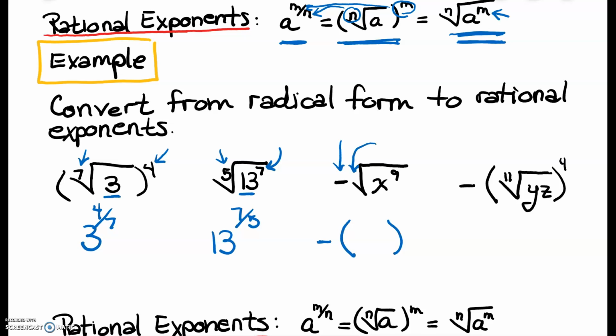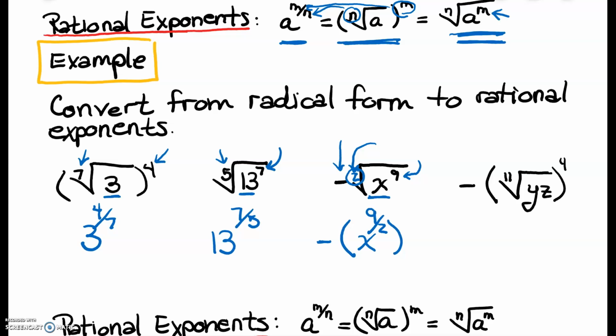So I'm going to write in my index. This is a square root that has an index of 2. So for this, I'm going to write my base of x. All right, my power again is on the inside of my radical, so that's my numerator. And my index is 2.